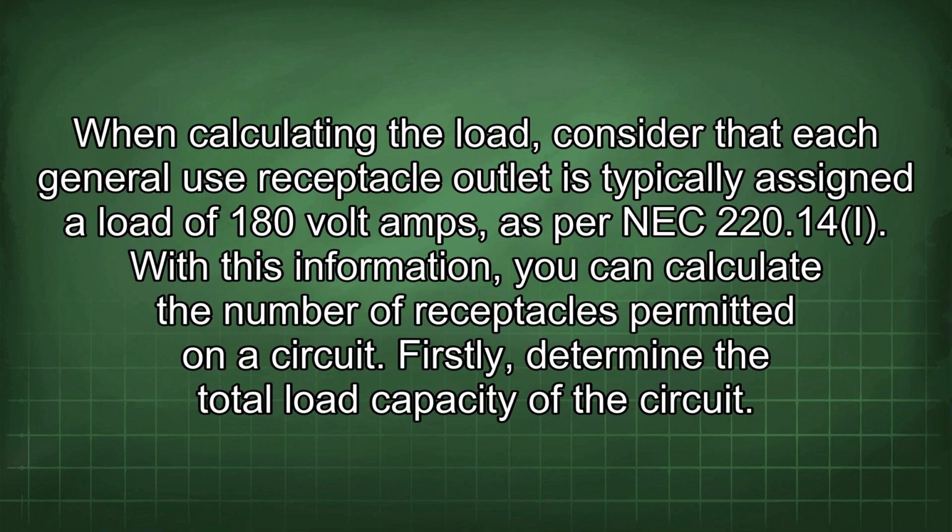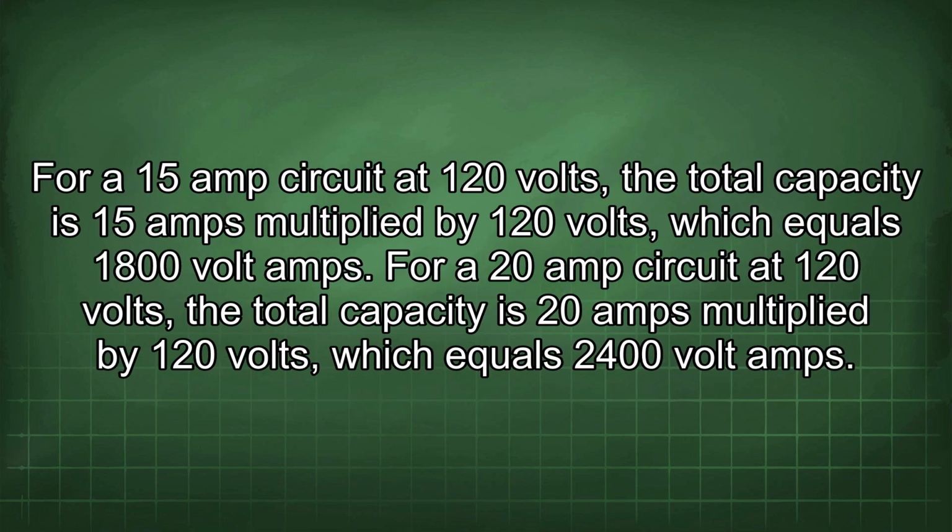Firstly, determine the total load capacity of the circuit. For a 15 amp circuit at 120 volts, the total capacity is 15 amps multiplied by 120 volts, which equals 1800 volt amps. For a 20 amp circuit at 120 volts, the total capacity is 20 amps multiplied by 120 volts, which equals 2400 volt amps.